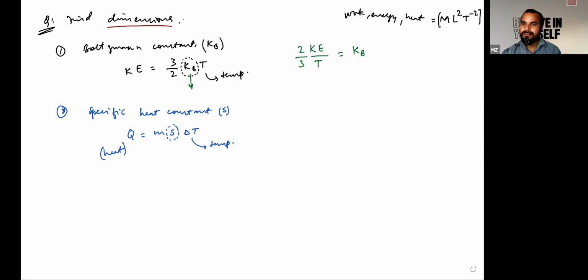Sir, like in the paper, if they give us such terms, will they give the formula with it? No, you have to learn and memorize the formulas. Yeah.